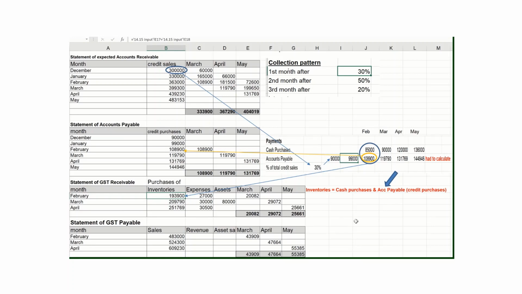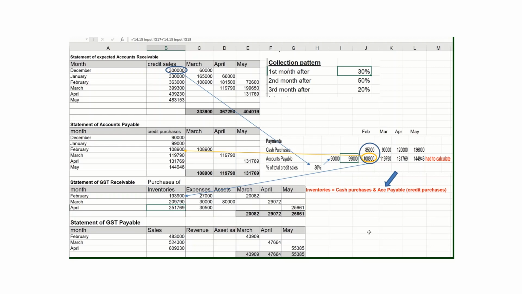The same with March, it is the total amount, 90,000 plus 119,790 gives me my total purchase of inventories. And the same for April, 120,000 plus 131,769 becomes my total purchases.